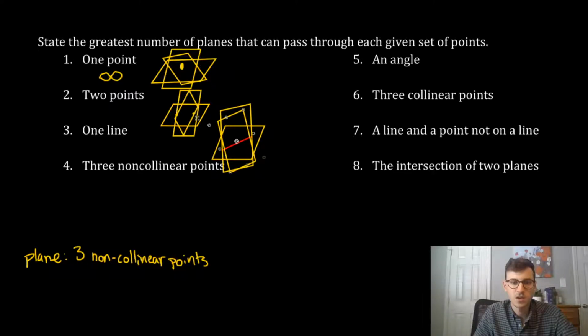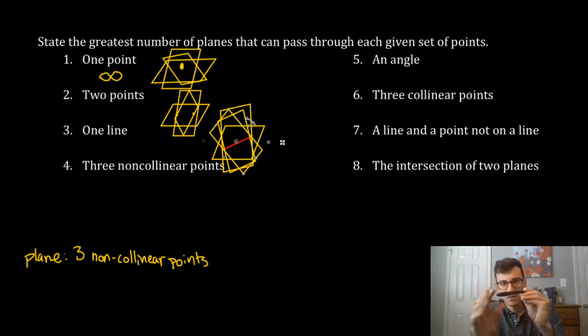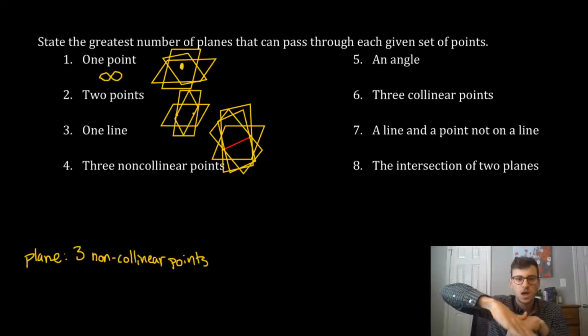Kind of like if this right here was your line, you have a plane that goes here all the way around, and that's an infinite number of planes going all the way around. That's kind of what I was trying to show with 2 points as well, that you can have this rotating number of planes that are going around.